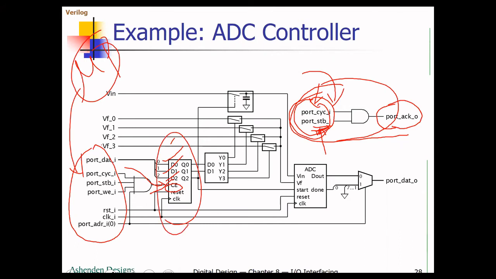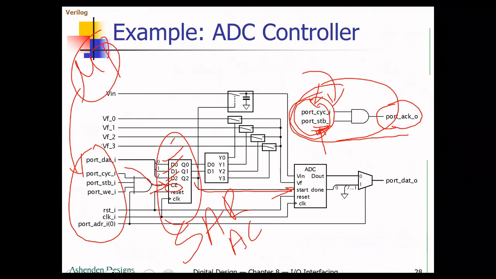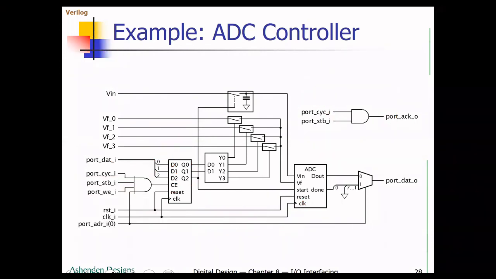Here this is your SAR activator. It will activate the start bit of your ADC. If this works, then only the input is given to the ADC, and the ADC starts doing the analog-to-digital conversion.